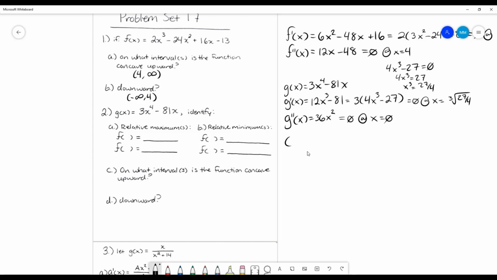So it's going to be negative infinity up to 0, 0 up to the cube root of 27/4, and the cube root of 27/4 up to infinity. Okay, how big is the cube root of 27/4? Well, it's probably going to be the cube root of 27, which is 3, over the cube root of 4, which is definitely less than 2.